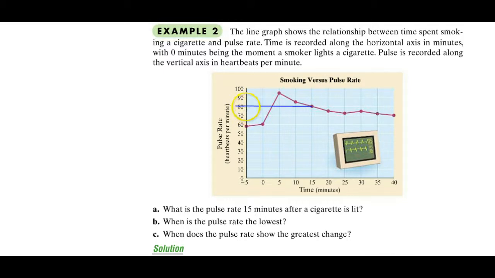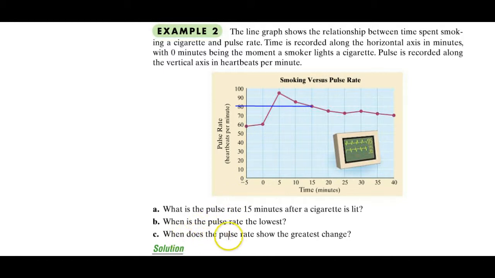So is that 82 or so? When is the pulse rate the lowest? Well, it would be here at about 58, and that's before you started to smoke. That's interesting. I guess here you're anticipating a smoke, and it goes up a little bit.